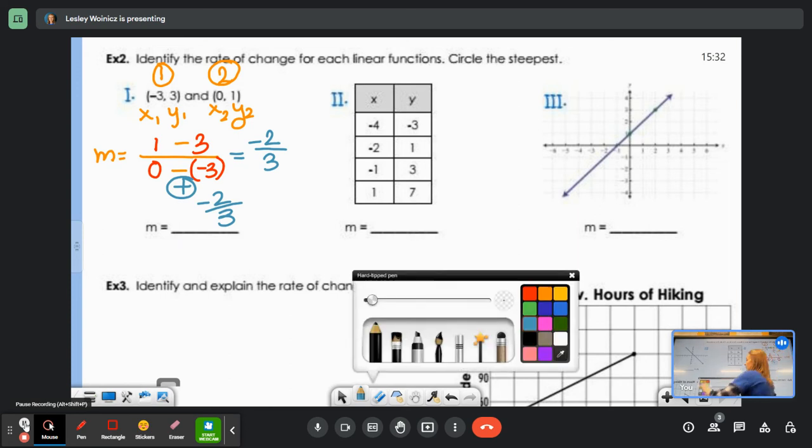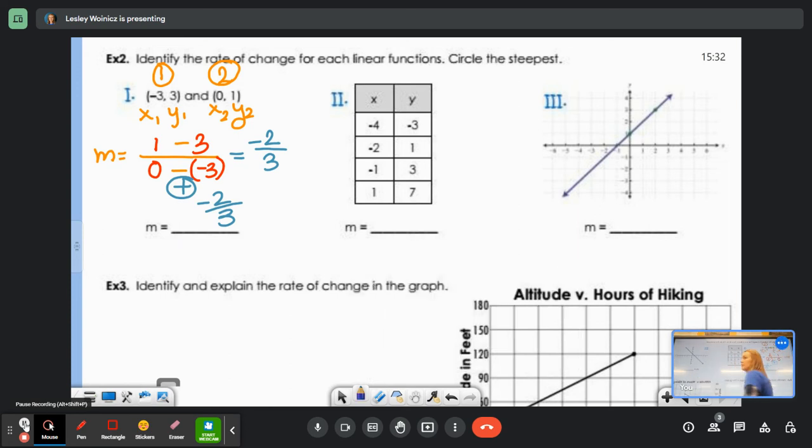Okay, let's do the middle one. First we're going to find the change in x. So from -4 to -2, what's our jump? Plus 2. And from -3 to +1?